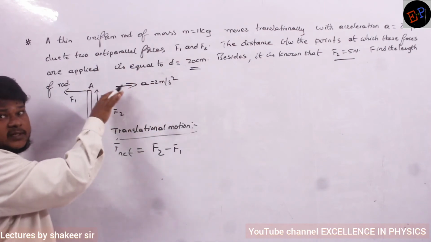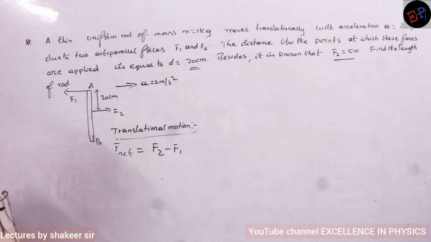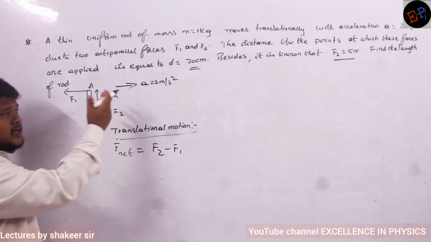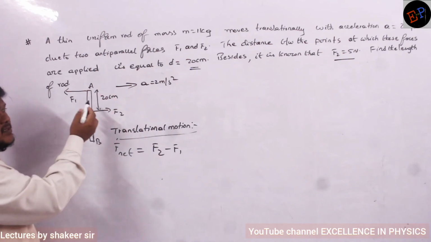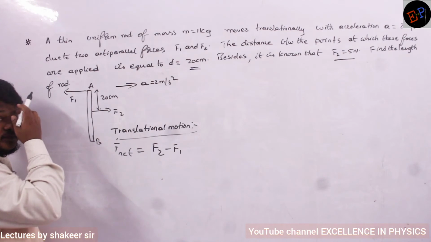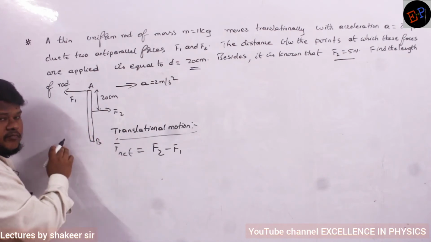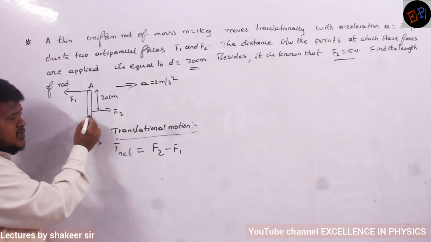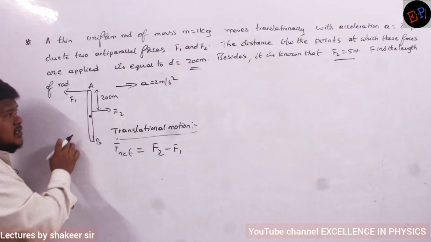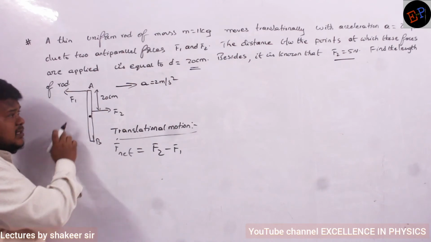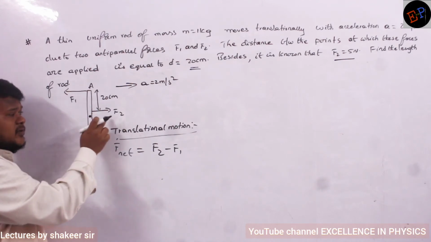I have assumed that the body is moving in this direction. Why can't I say acceleration is in this direction? Point is that if you consider this is the center of the rod, if F1 is greater, then F1 will produce more torque when compared to F2.